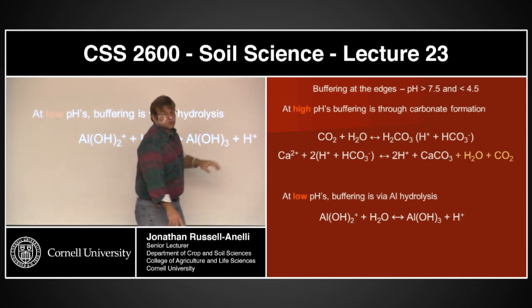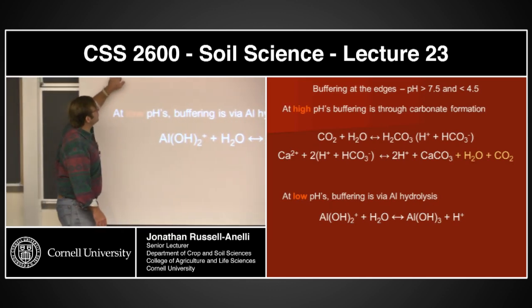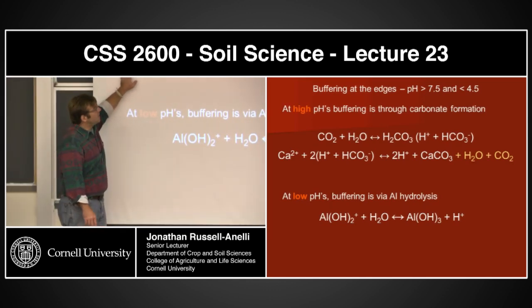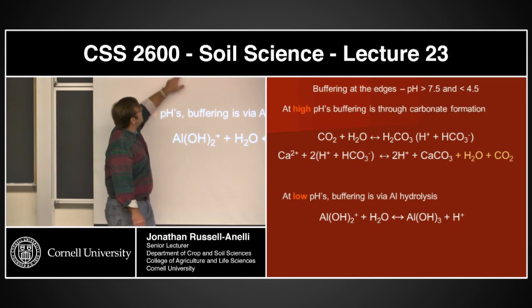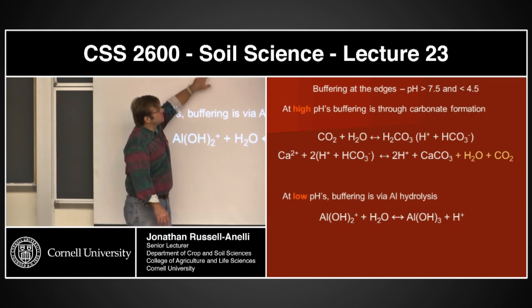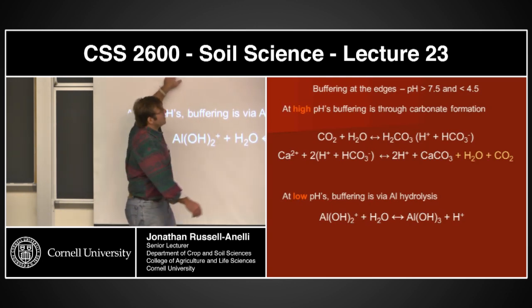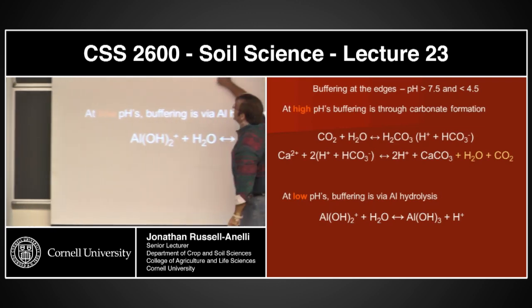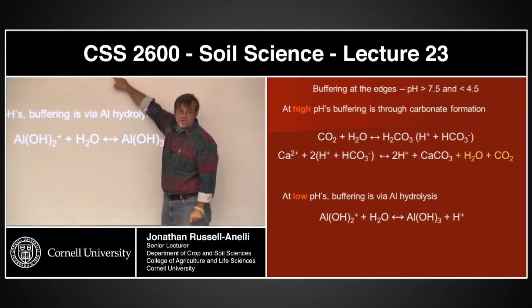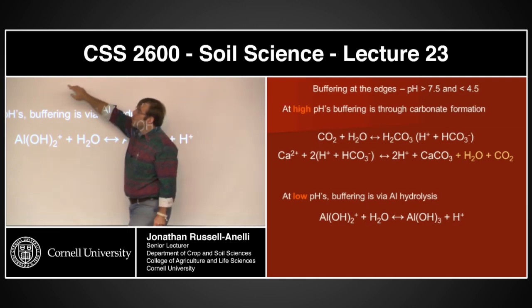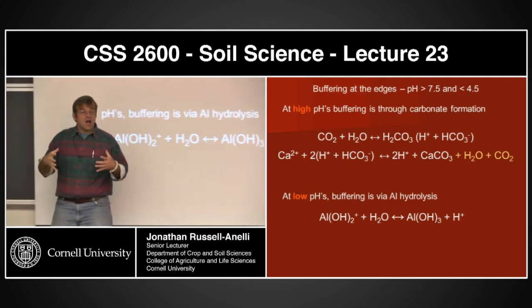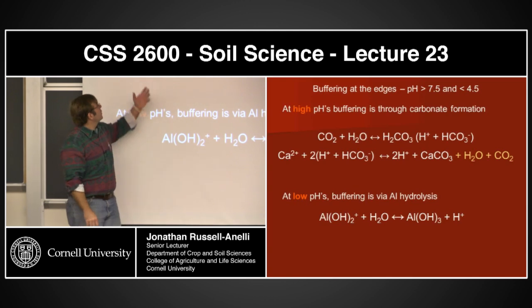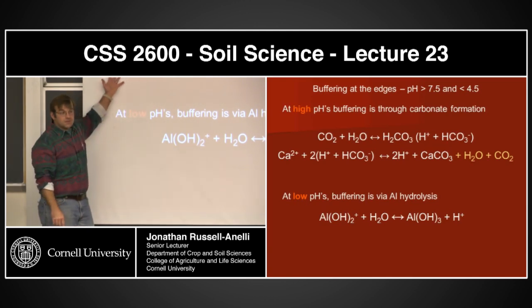The resulting carbonate is a strong base. But this strong base can react with calcium. Basically, the calcium will react with this base. And as a result, I'm going to be putting 2 protons into the soil solution. So when the pH starts getting higher, I'm going to start seeing more calcium in the soil solution.